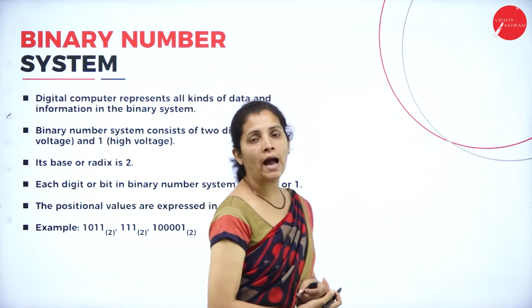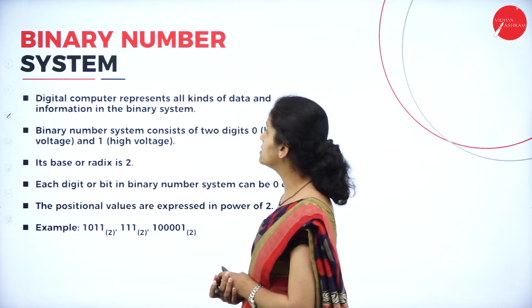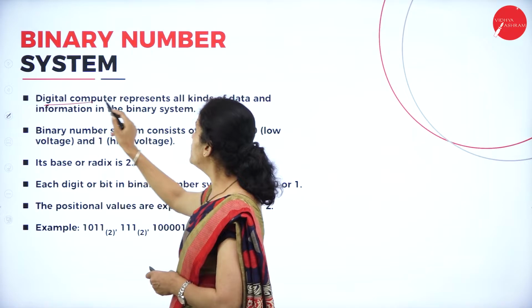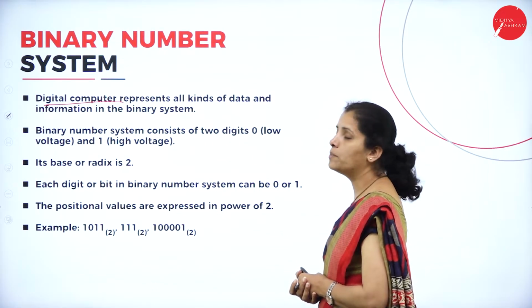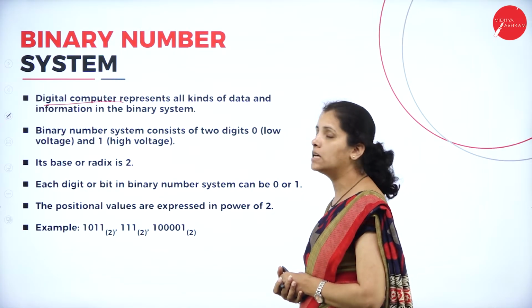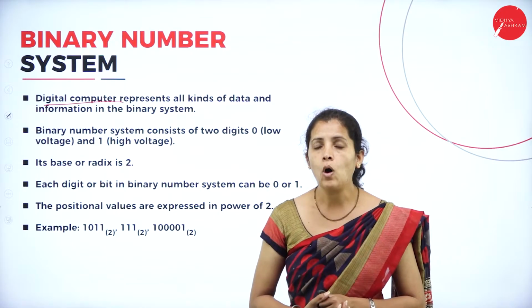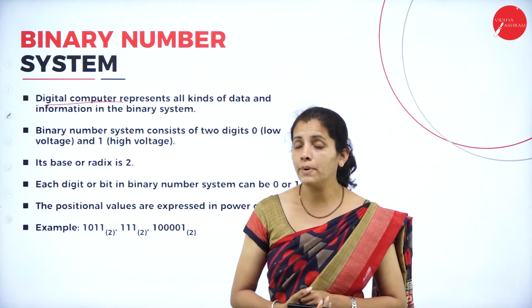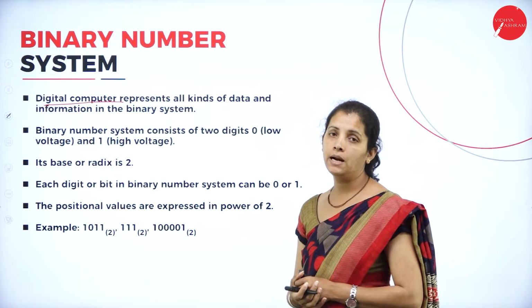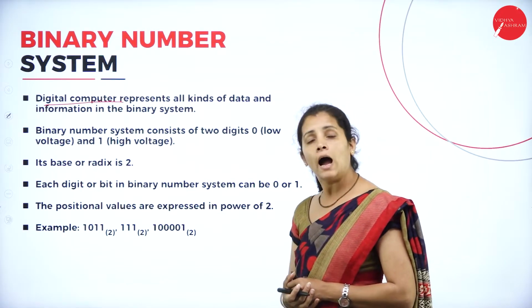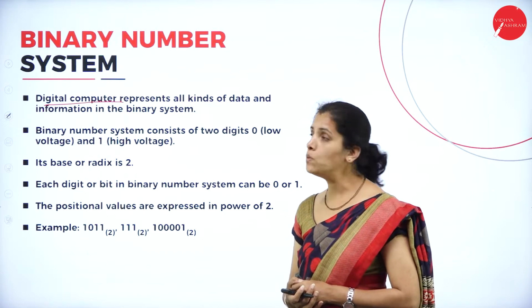Now I'm going to have my next type, that is binary numbers. A digital computer represents all kinds of data and information in the form of the binary system. If I consider a computer system, all the data are represented in the form of binary numbers, that is nothing but zeros and ones, and computers are able to understand only zeros and ones.